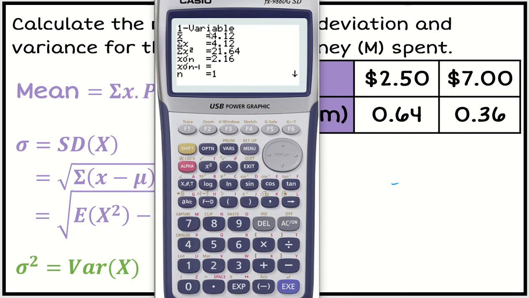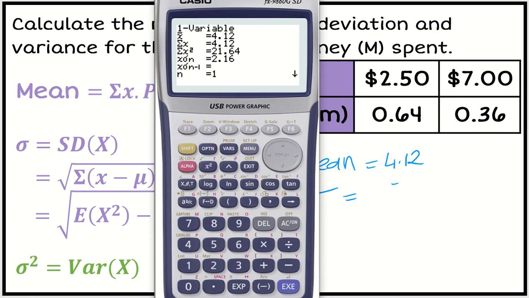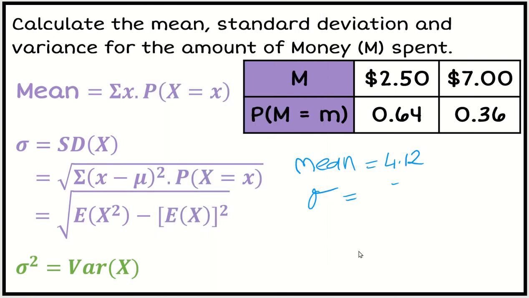So that's F2, and this is one variable, so F1. And there, the very top value, x bar, that's my mean or expected value. So I've got an expected value of 4.12. And then lower down I've got my standard deviation of 2.16.